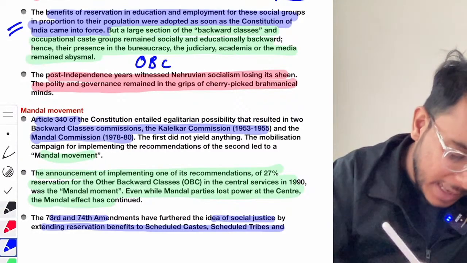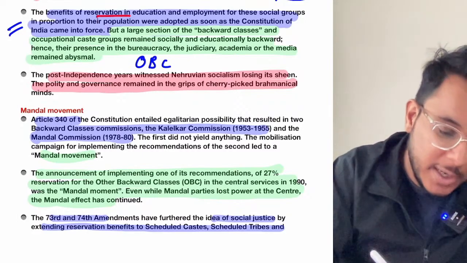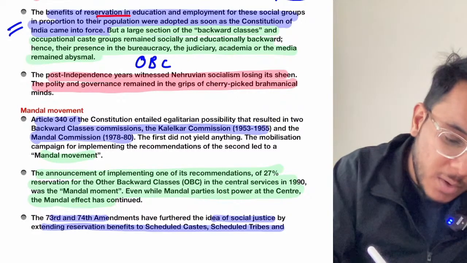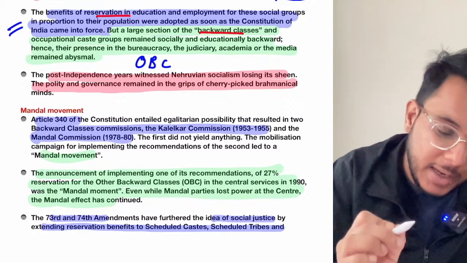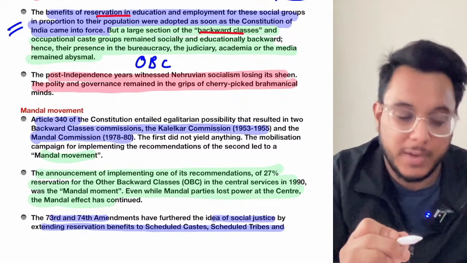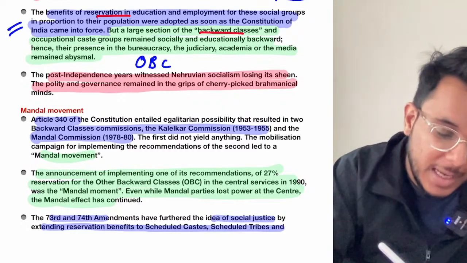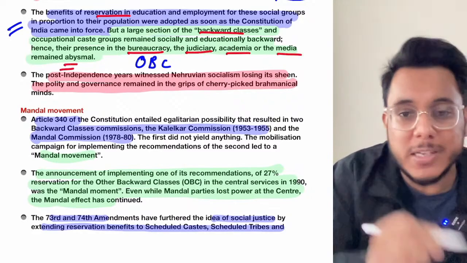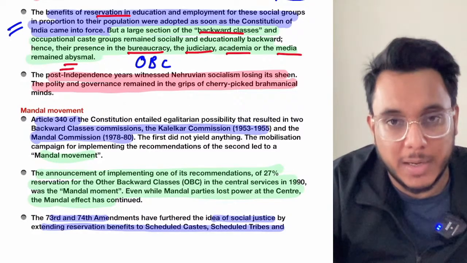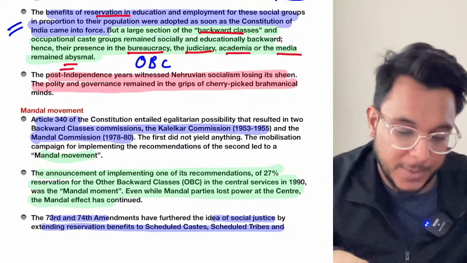Basically, the benefit of reservation in education and employment was adopted, but the backward classes never really got the benefit. Their presence in bureaucracy, judiciary, academia and media has always been very low. Who are the backward classes? Guys, understand one thing very clearly.